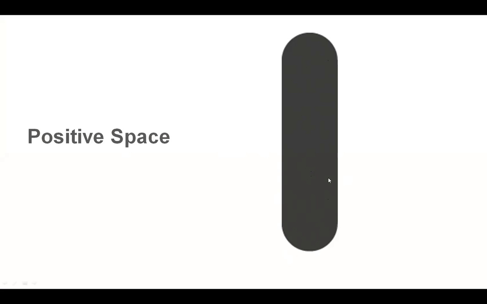I believe the black area that you are seeing is the space that is helping you to come up with this shape. It's the positive space. So the positive space is usually inside. It is usually within the object.